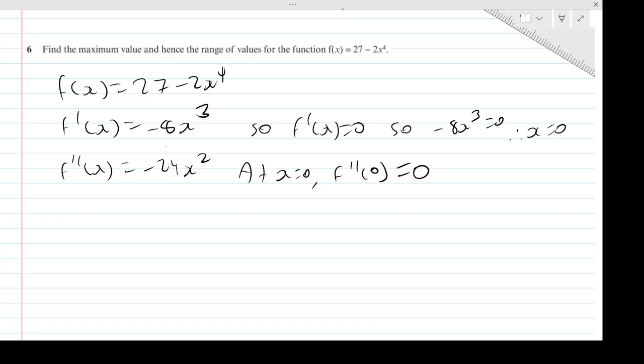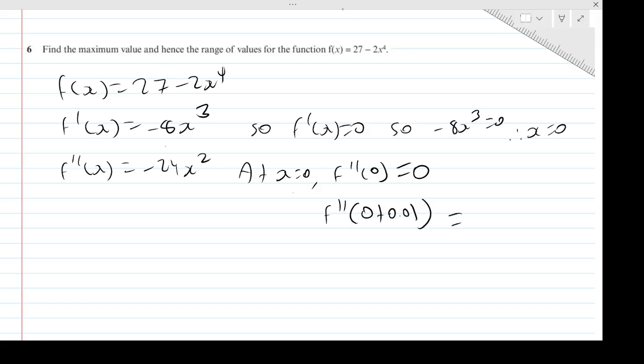What we're going to look at then is the sign. We're going to rule out if it's a point of inflection, because it hints towards a point of inflection. Spoiler alert, it won't be, but you'd think that, right? So if it's equal to 0, it could be a point of inflection. What we're going to do then is test around the second derivative. So I'm going to say f double dash of x at 0.01.